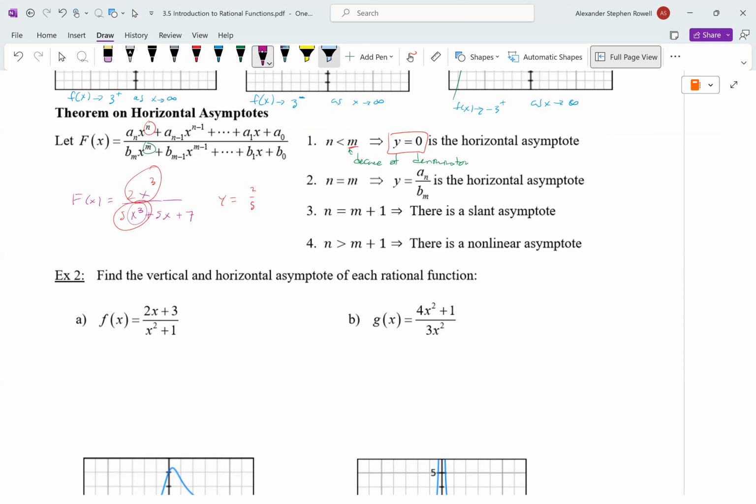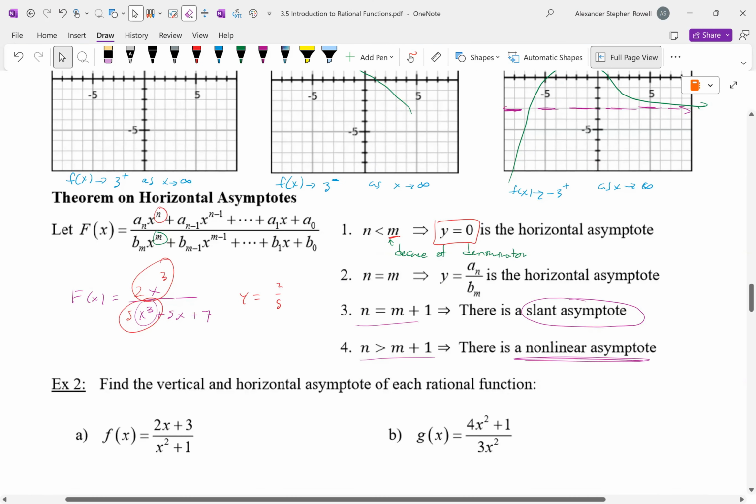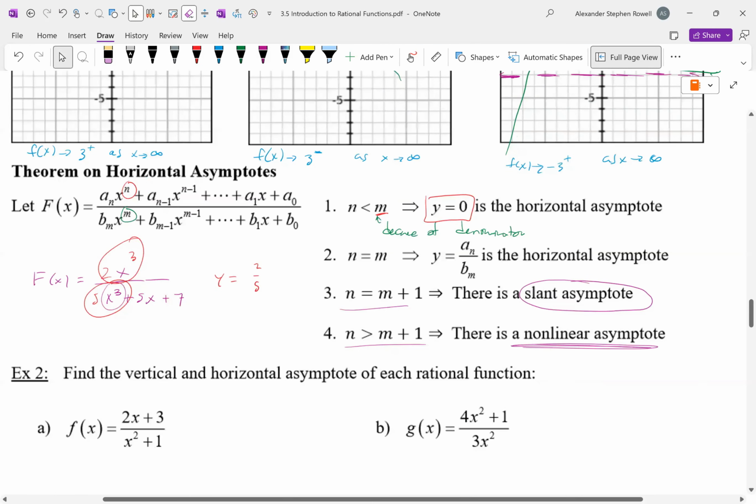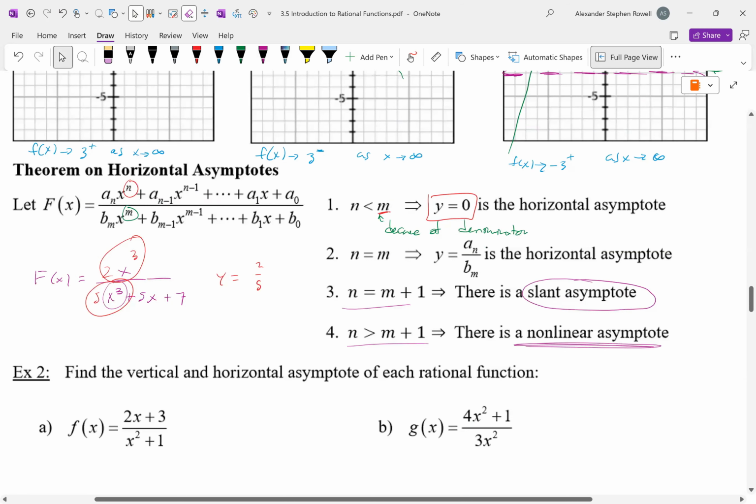If the degree of the numerator is 1 larger, you're going to have a slant asymptote. If it's more than 1 larger, it's nonlinear, like parabolic or something else. Horizontal asymptote is what we approach eventually to far right and far left.